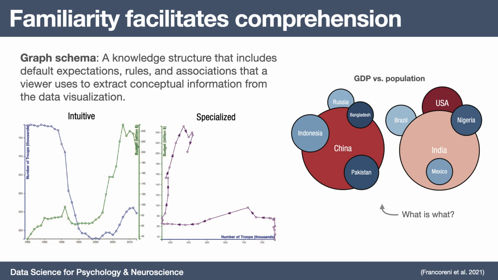Now, this specialized form deviates from your standard graph schema, so it requires a lot more visual scanning in order to understand it, but at the same time, it's a much more efficient way of presenting the visual information. It requires a lot more viewing, but it also leads to a deeper understanding of the relationship between military budgets and number of troops.